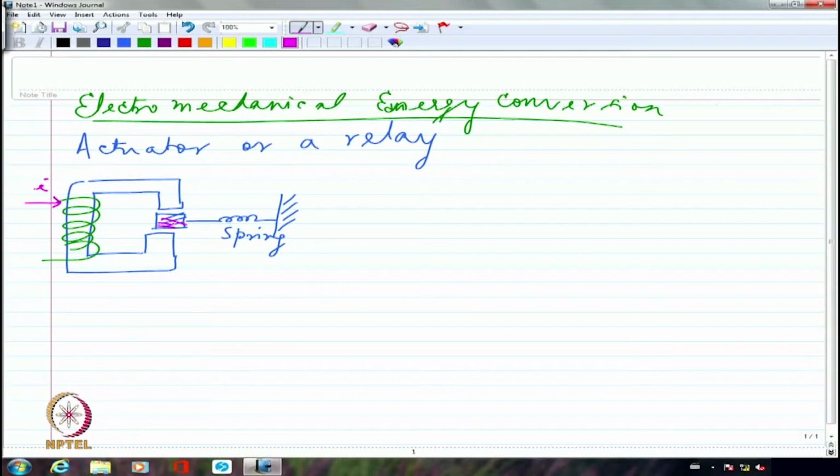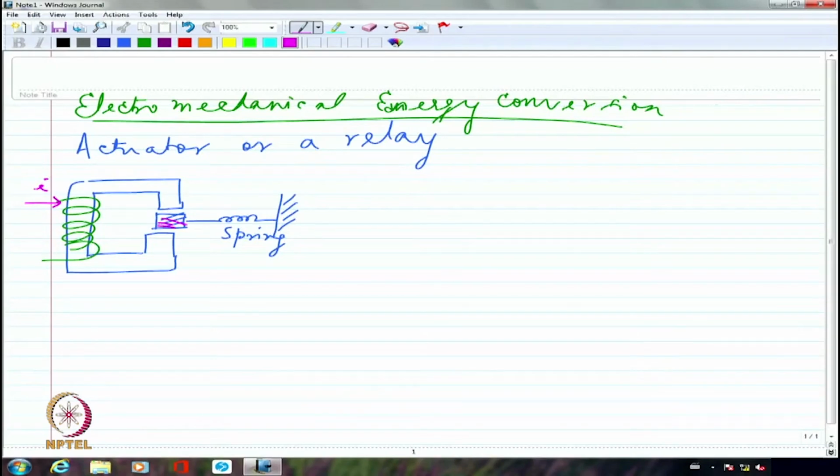If it has to be attracted, the current should be strong enough to nullify the action of the spring, and it has to dominate over the spring's mechanism. Only then it will be able to pull it. So this is generally known as an actuator.